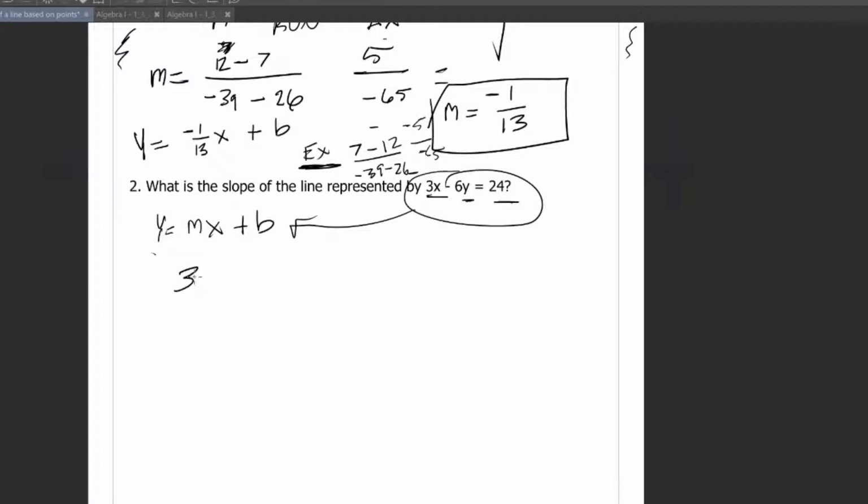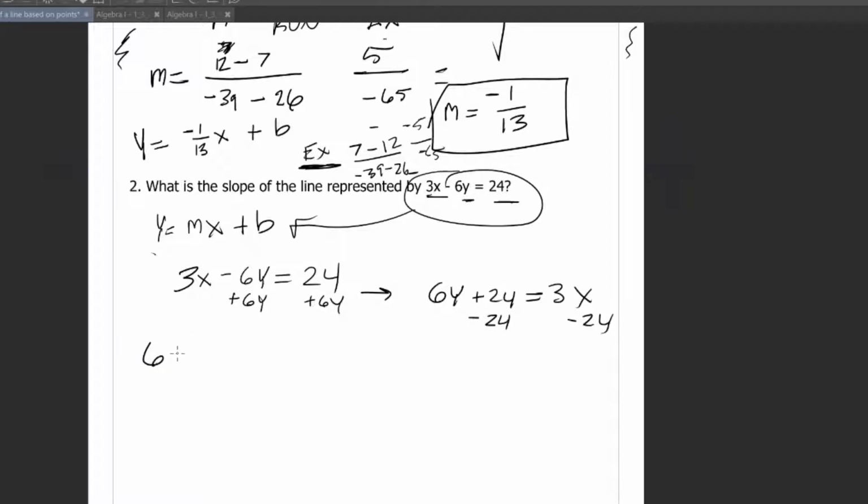Let's write it out. We have 3x minus 6y equals 24. So we are going to add 6y to both sides, which gives us 6y plus 24 equals 3x. From this point, we're going to subtract 24.